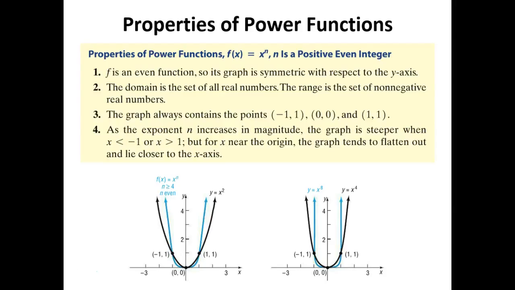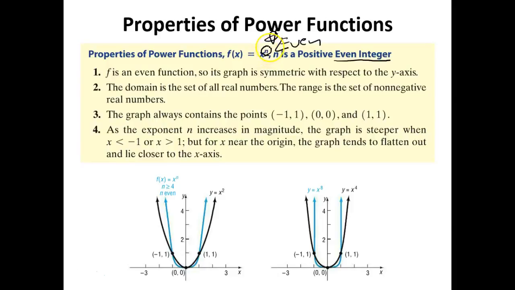Some properties of power functions. Power functions, they tell us a lot about what graphs are doing. So when we look at properties of power functions, in this case we're looking at power functions where the power is an even number. So make sure when you're looking at this graph you realize that this power is even.